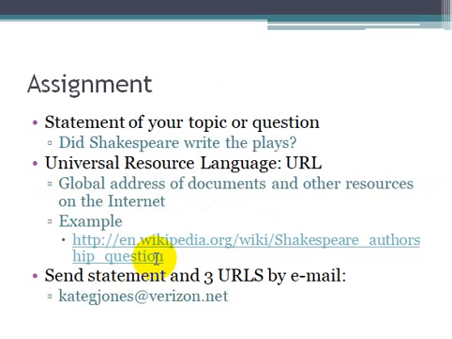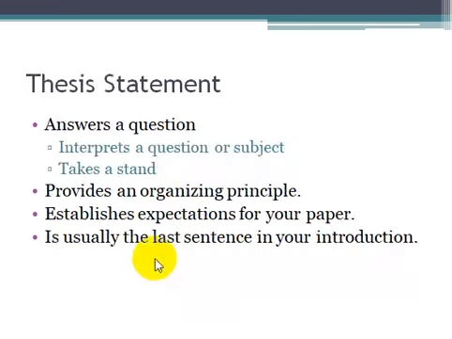Okay. Now, assignment. You need to talk about certain statements regarding your topic. You'll do the resource, the websites, the statement. You'll do things, okay, writing them in the form of an assignment. Now, thesis statement.